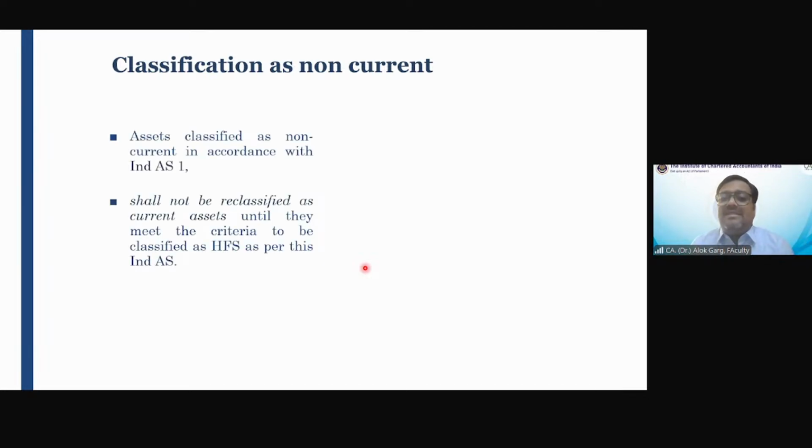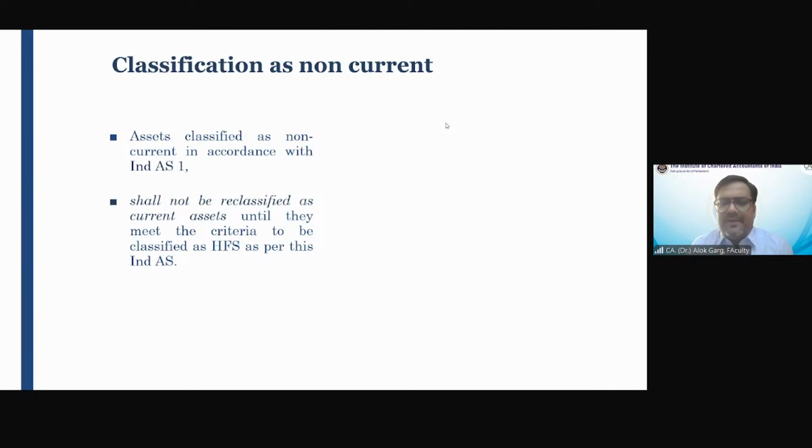the asset is classified as non-current in accordance with Ind AS 1. So who has the authority of classifying current and non-current? Current and non-current का guidance कहाँ दिया हुआ है? Conceptual Schedule framework. Sorry. Schedule 3, okay. Conceptual framework.